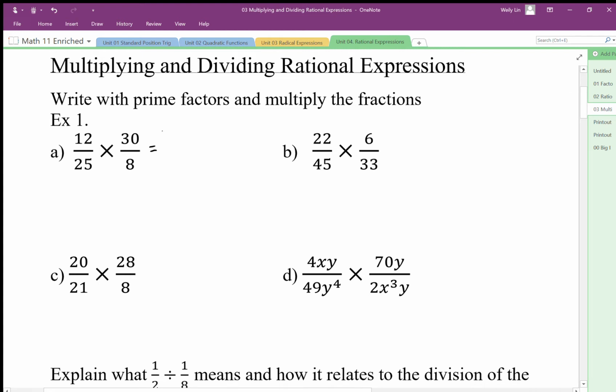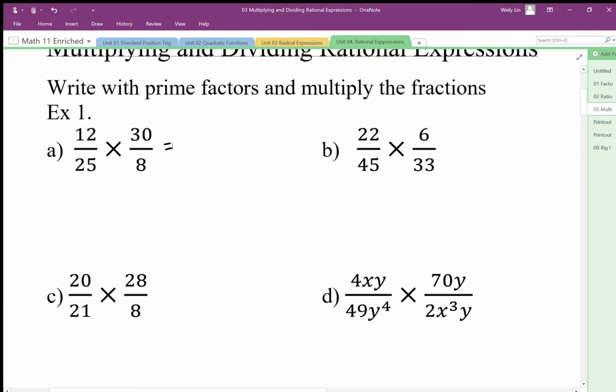Okay, so when I factor, I'm going to write this in terms of prime factors. We don't always need to prime factorize, but when I take a look at this, there's really only one fraction. All the times go on top, so 2 times 2 times 3 is my 12. The 30 just becomes 3 times 2 times 5.